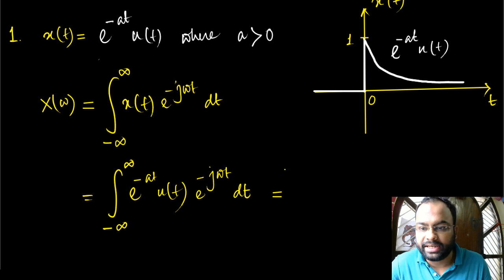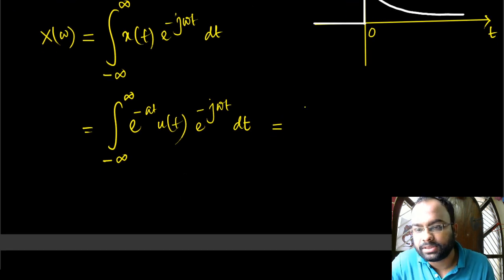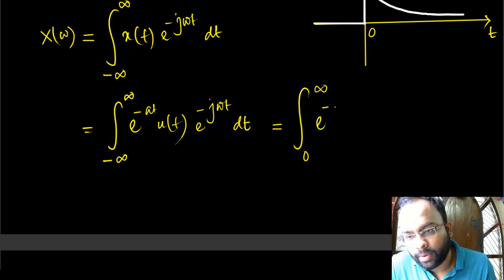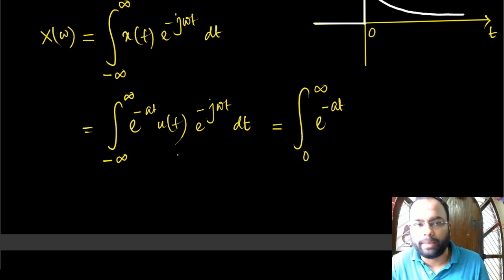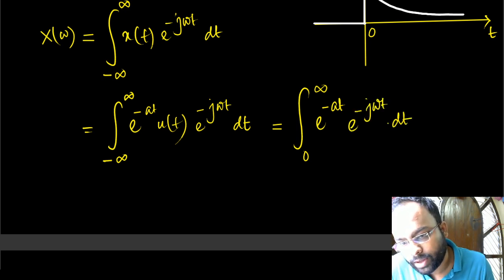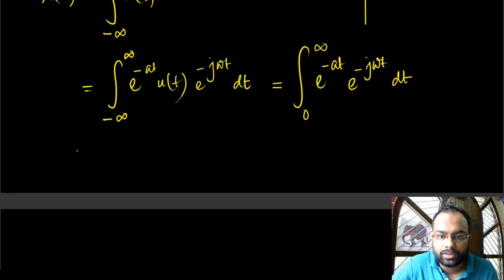So this integration essentially becomes this. The lower limit automatically drops to 0 from minus infinity, right? And I have e to the power minus at, and there is no point keeping u(t) here because u(t) has served its purpose, right?